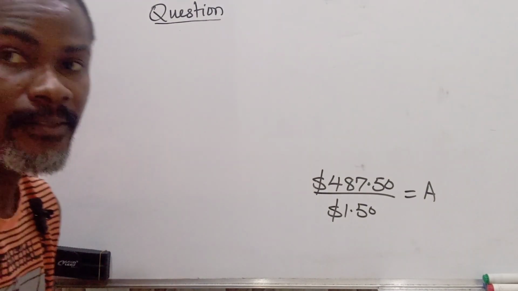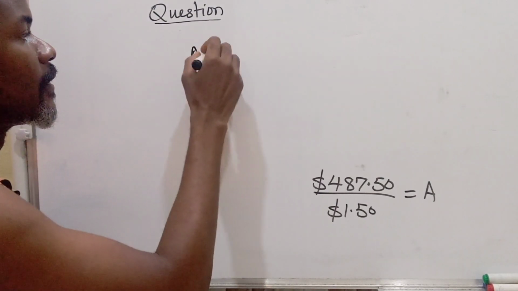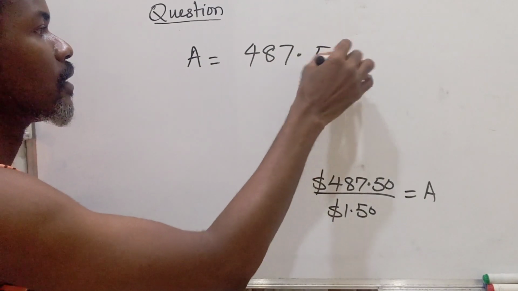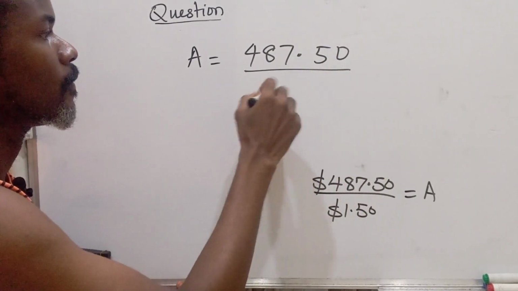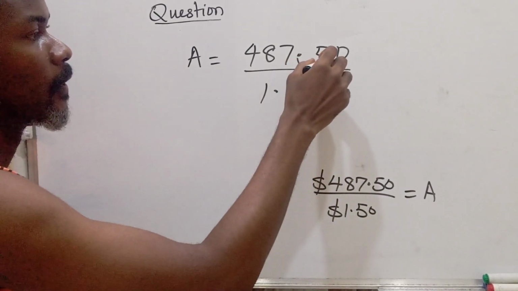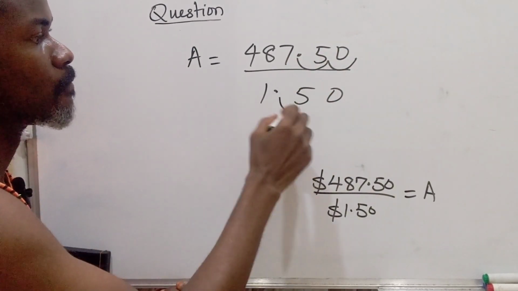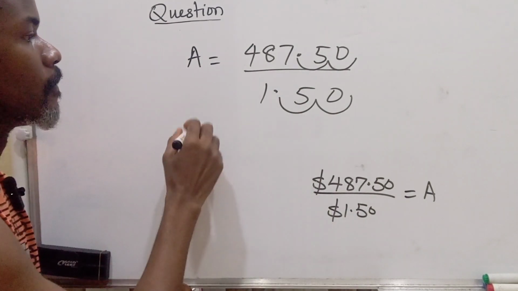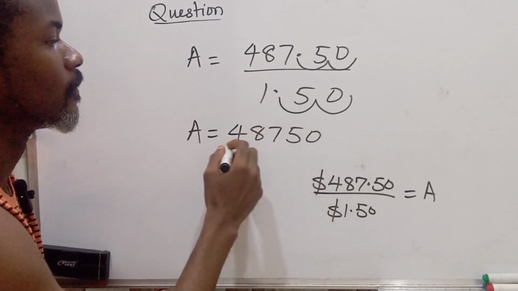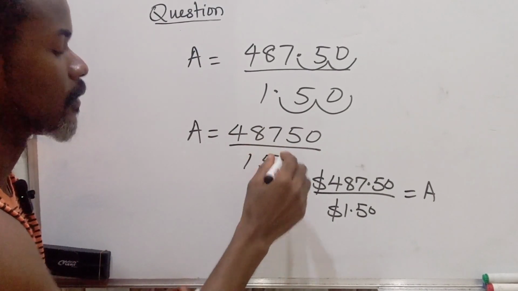Now to solve this, I can say quickly, A is equal to 487.50 divided by 1.50. I'm going to move the decimal point 1, 2 places. So A is equal to 48750 divided by 150.